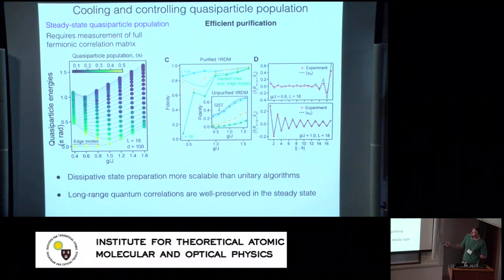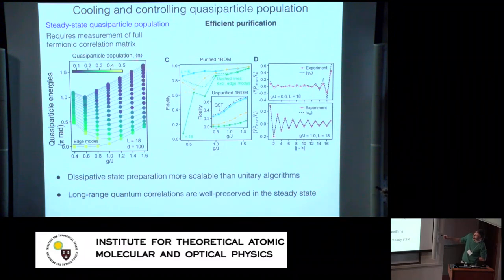You can do all that, and then back out the quasi-particle population. Here, the x-axis gives you the value of G over J, so where you are in the phase diagram, the y-axis is the quasi-particle energy, and the color is the quasi-particle population.